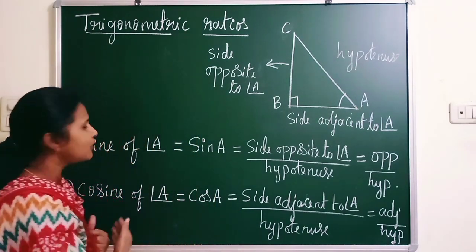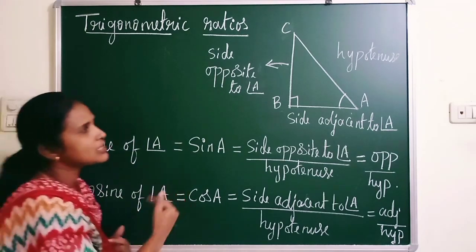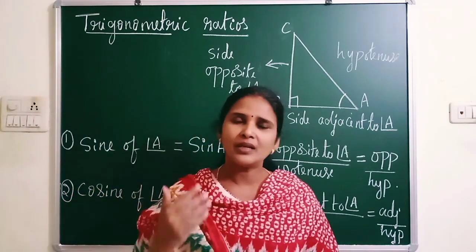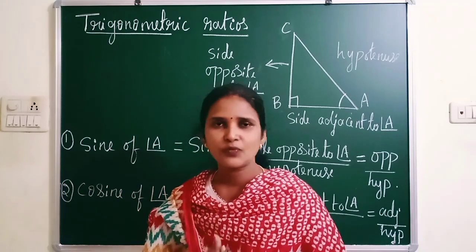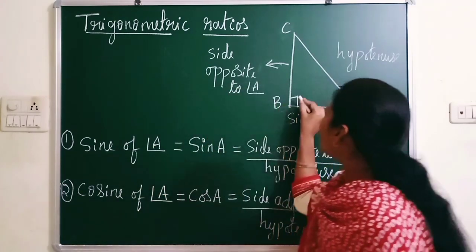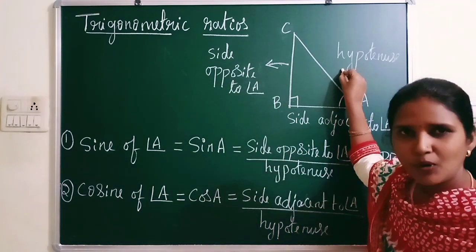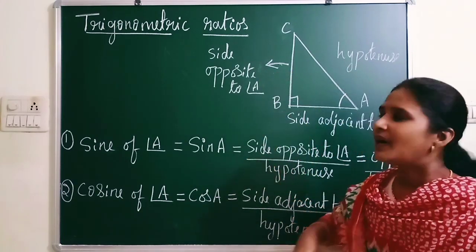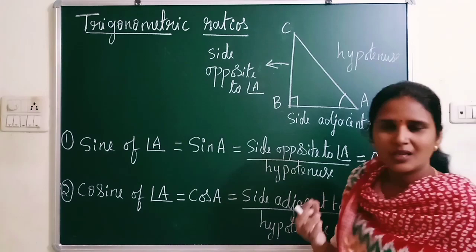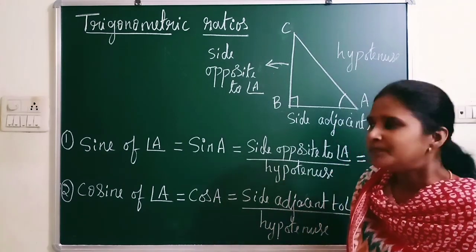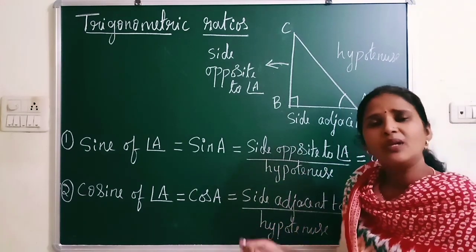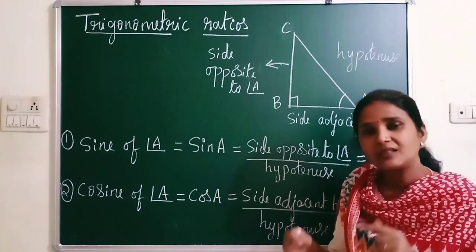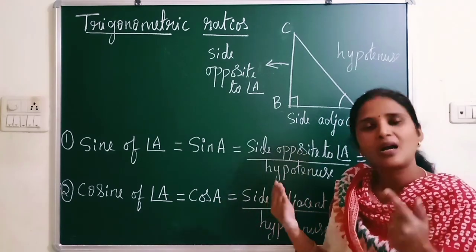Before I start the ratios, let me explain the 3 parts here. In the Pythagoras formula, we took the side opposite the right angle as hypotenuse, and the other sides as base and perpendicular. But in trigonometric ratios, there are small changes. When one angle is 90 degrees, the other 2 angles become acute angles.